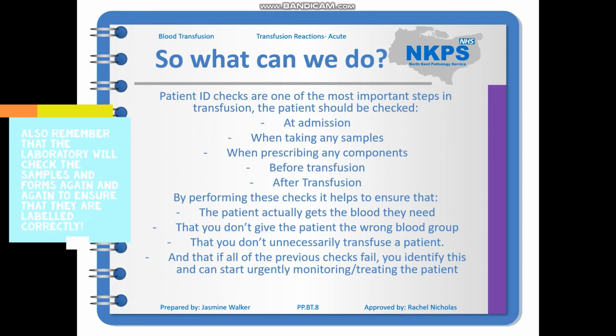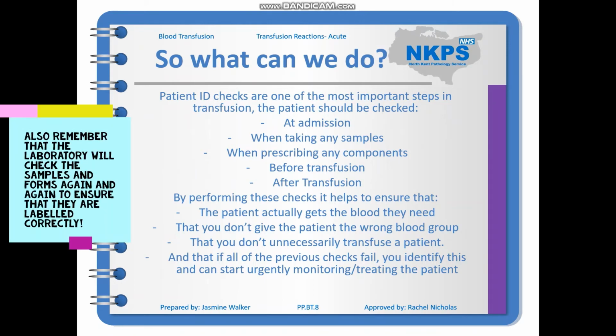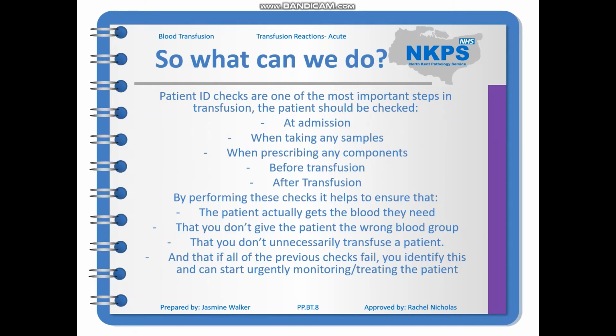Patient ID checks are something that people try and reduce the amount of time it takes to do, cut corners on, and they seem less important than they are, right? You're literally just checking again and again what the patient's date of birth is, what their name is, etc. However, the hemolytic transfusion reactions normally happen because we've got the wrong patient's blood, or because someone has picked up the wrong unit for the wrong patient, and it's just because they haven't looked properly.